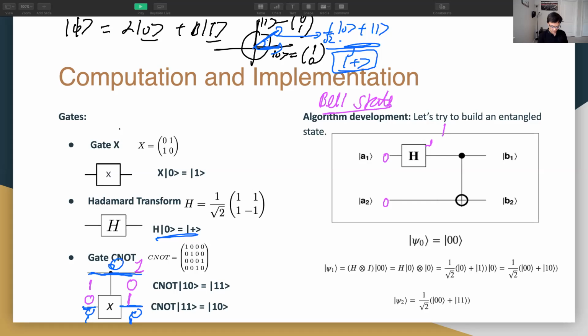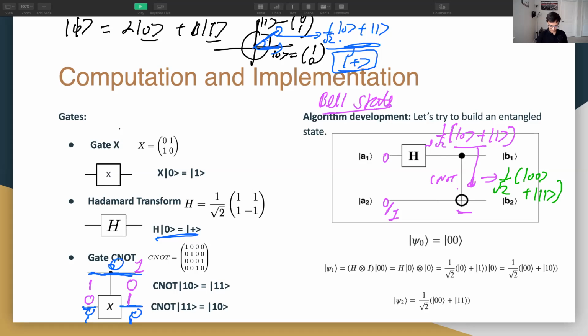If I put a Hadamard, it will give me 1 by root 2 times 0 plus 1 as an output. And then I will use this as a control input for my second qubit, which started at 0, or it can start at 1. This is a CNOT gate. So this gives me the output as 1 by root 2, 0 plus 1.